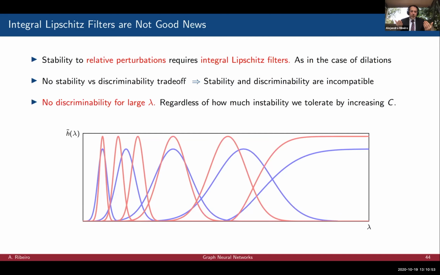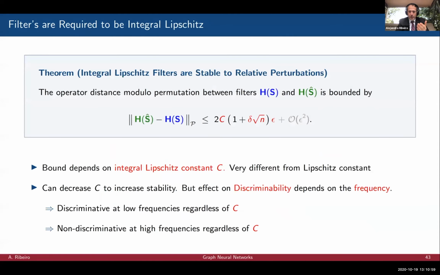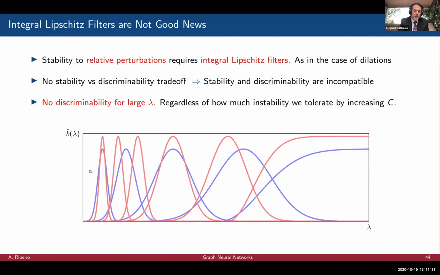If you want me to be even more precise than that, what is very significant about relative perturbations is the fact that the use of integral Lipschitz filters gives us a stability constant for which the discriminability properties are different at different frequencies.